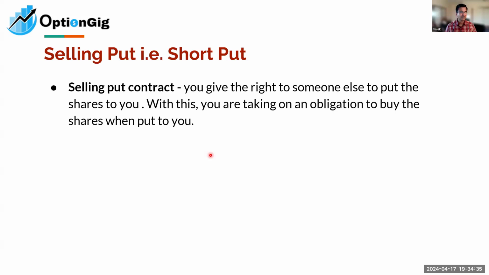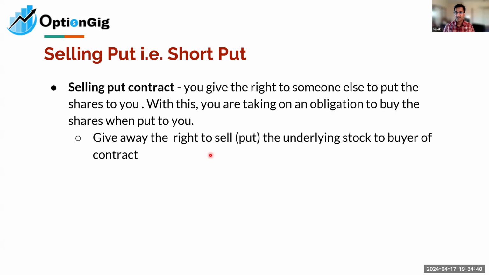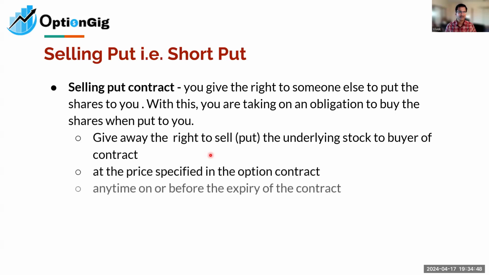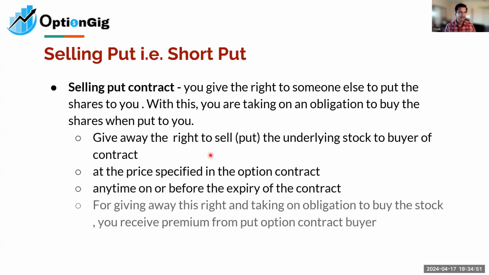Okay. So that's called selling a put or going short a put. I'm giving away the right to someone to sell the shares to me at the price that is specified in the contract. Rest of the stuff remains the same. Now, as an option contract seller, I receive the premium. Now I'm an insurance company here. If you're selling an option contract, you're acting like an insurance company selling an insurance contract, and as a consumer, you buy an insurance contract.